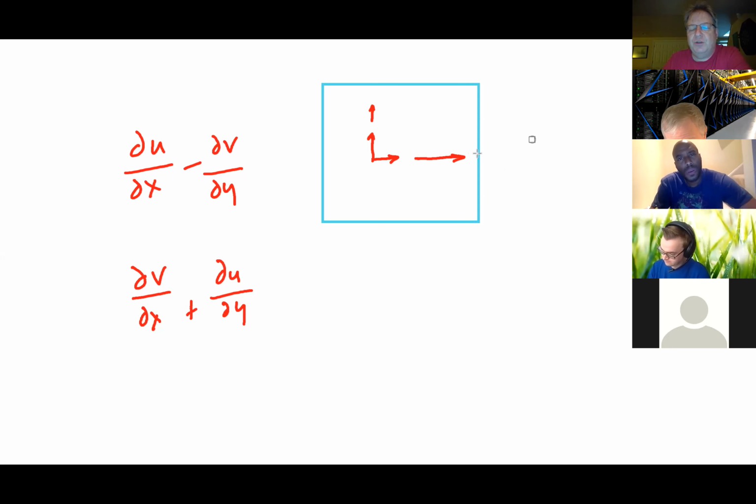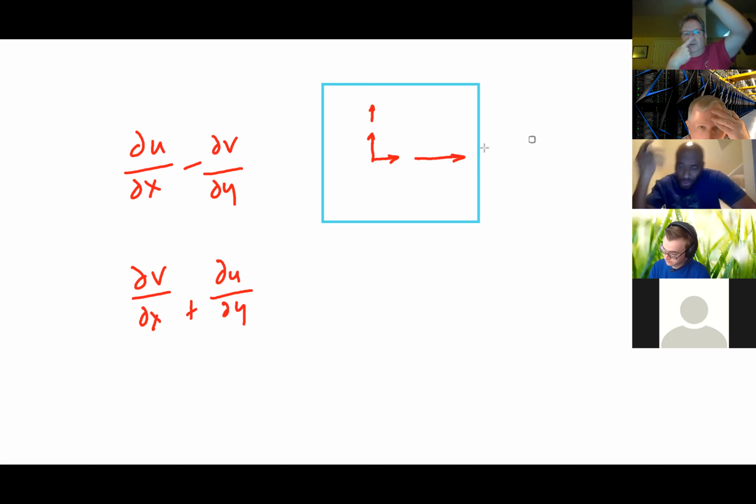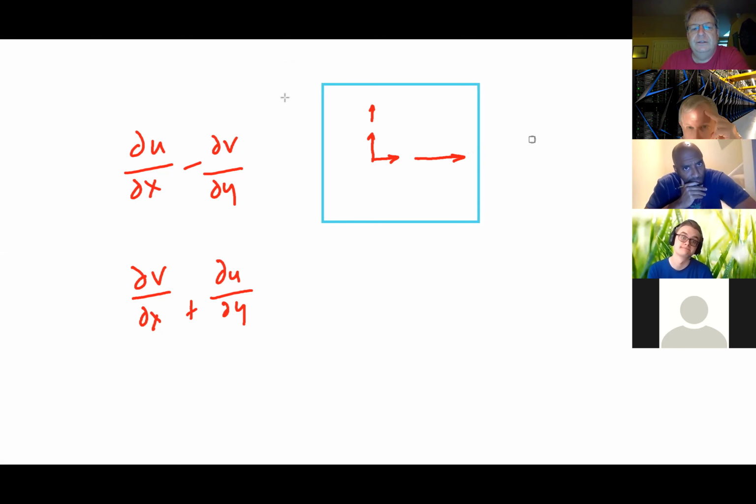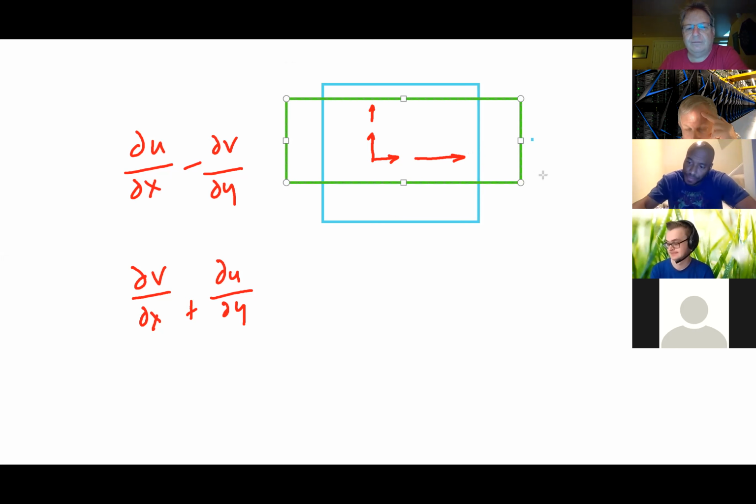What will this side of the square do? Won't I stretch it? And then what will it do with the meridional one? Shrink, crush it. So I'm taking this square, and with those vectors in place, what will this square look like a little bit later? Rectangular. So what that says is, what am I doing to this polygon? I'm deforming it. I'm changing the entire shape of it.